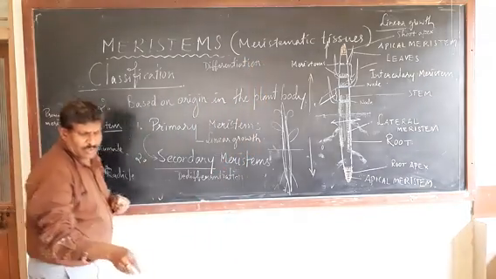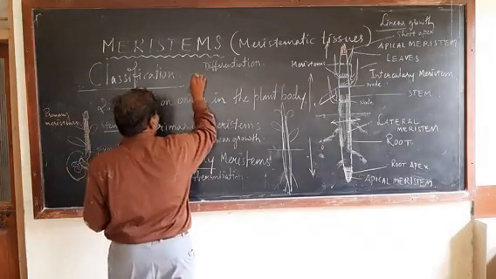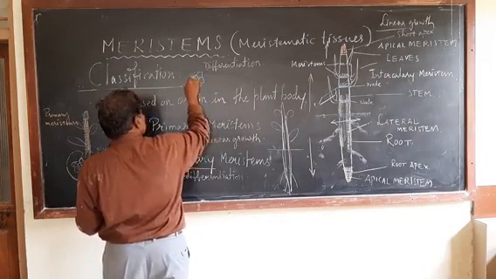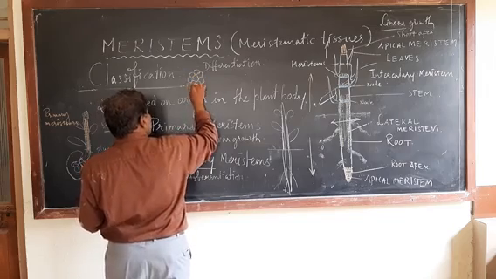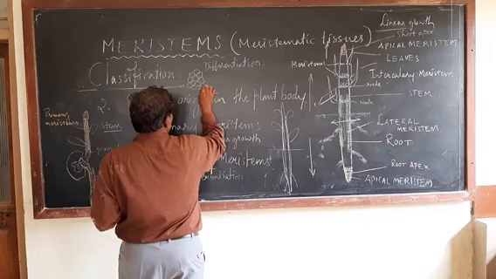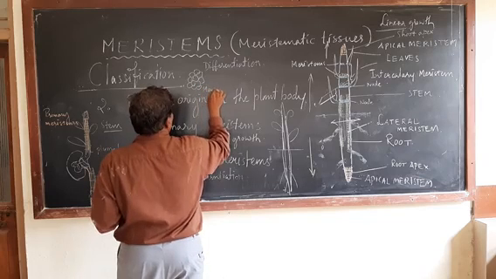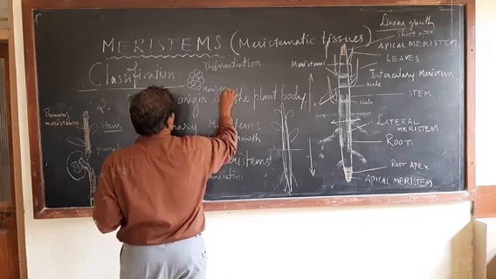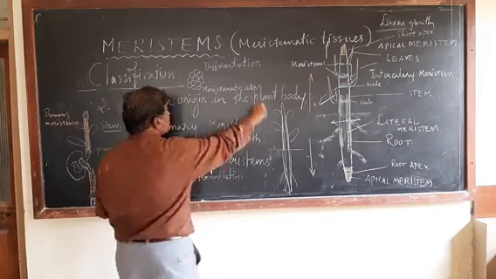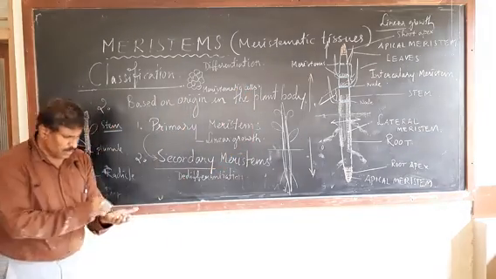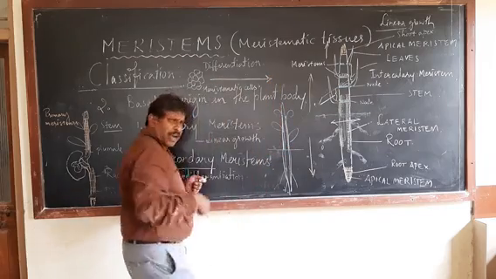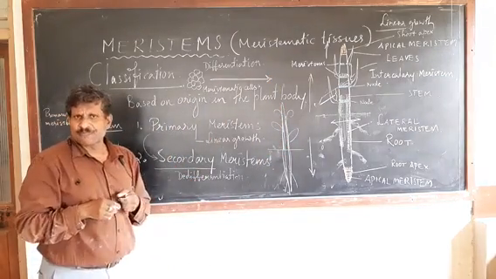In the process of differentiation, what happens is transformation of meristematic cells into permanent cell stages. Assume that these are the meristematic cells. These meristematic cells undergo differentiation.